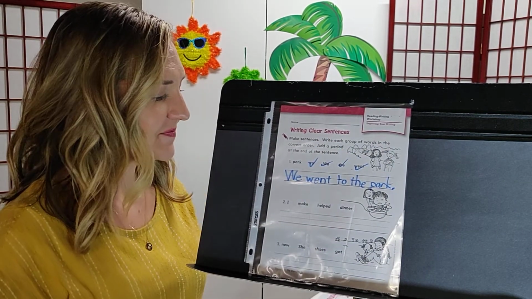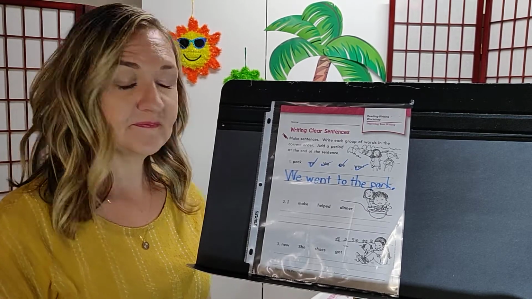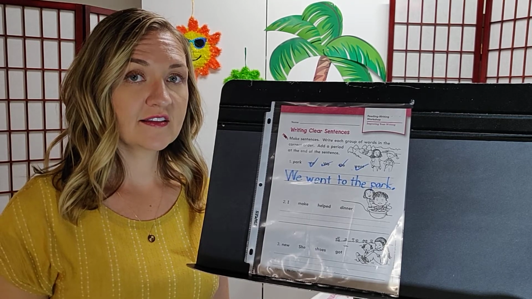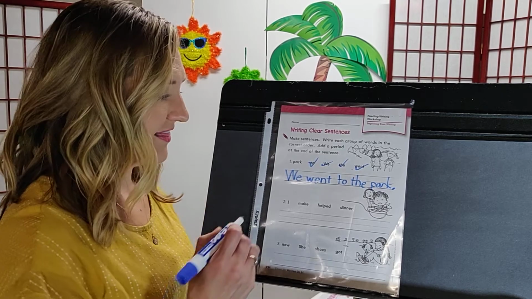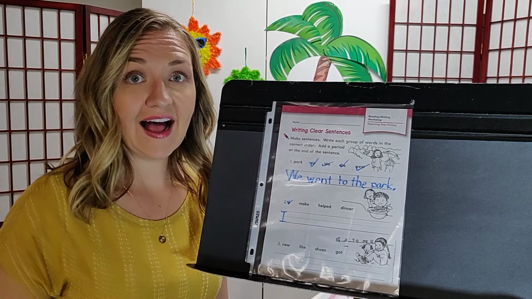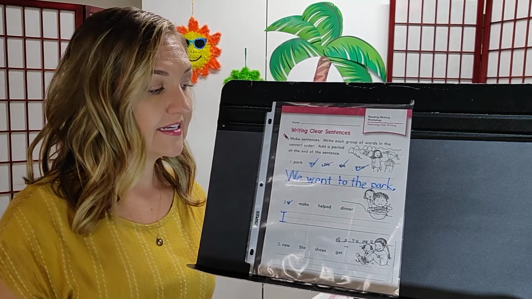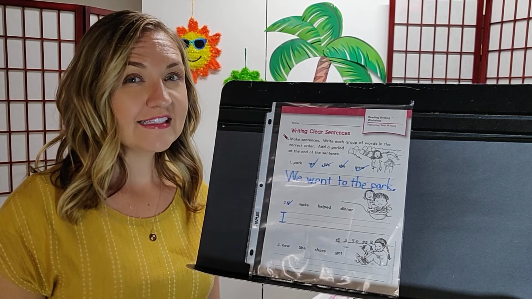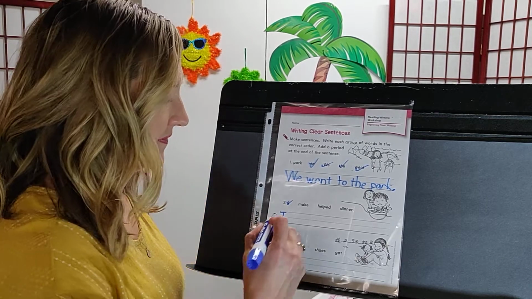Number 2. I make helped dinner. What belongs first? Sentences need to tell us who. I, that tells us who. What did I do? This is a little tricky, but I think the best option that would go here is helped.